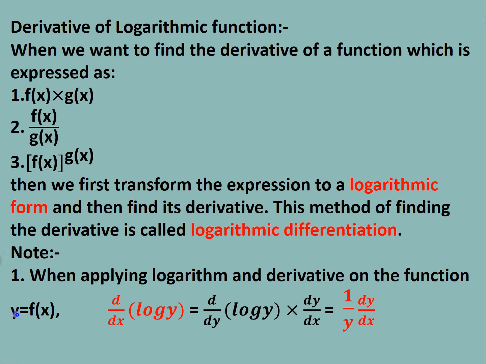That means derivative of log y with respect to y and then derivative of y with respect to x. That means it will be 1 by y, derivative of log y we know with respect to y is 1 by y, and then we know y itself is a function. So it's a function of function form. So we have to differentiate this y again with respect to x. So always the derivative of log y will be 1 upon y into dy by dx.